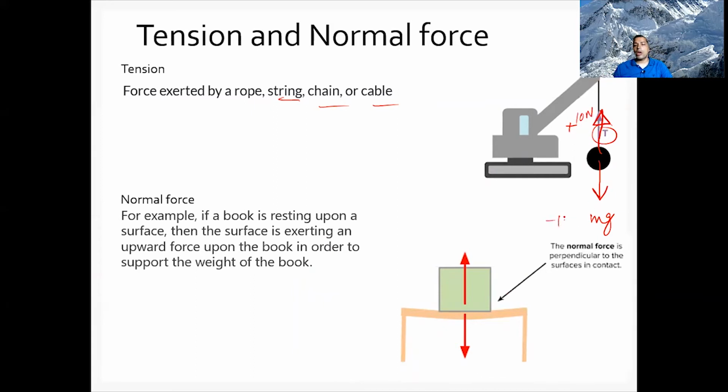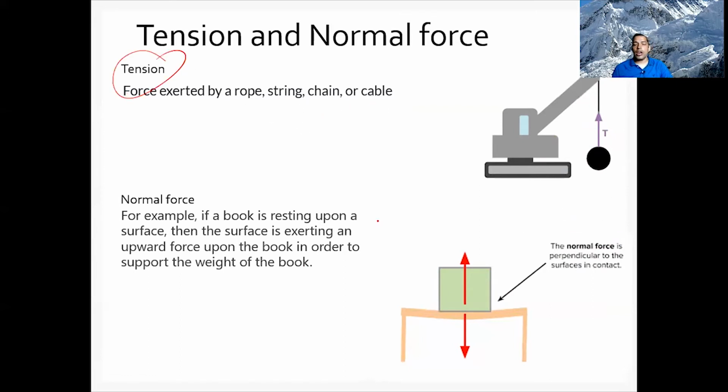This is, let's say, minus 10 Newton. Downward is negative, upward is positive. How do I know they are exactly the same value? If this mg is negative 10, then this tension should be 10 Newton also. Why? Because this is not moving. There should be equal and opposite forces. Tension is a force.